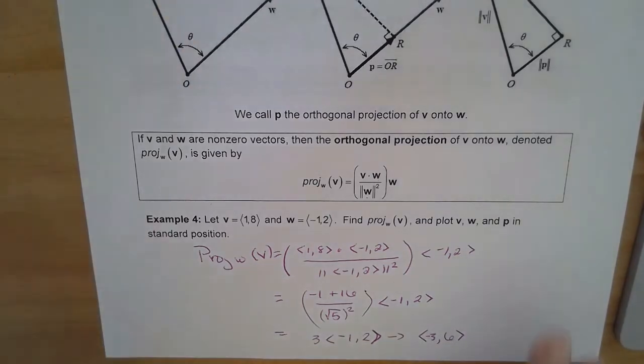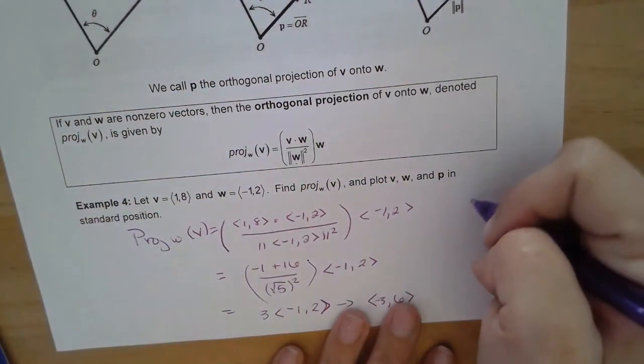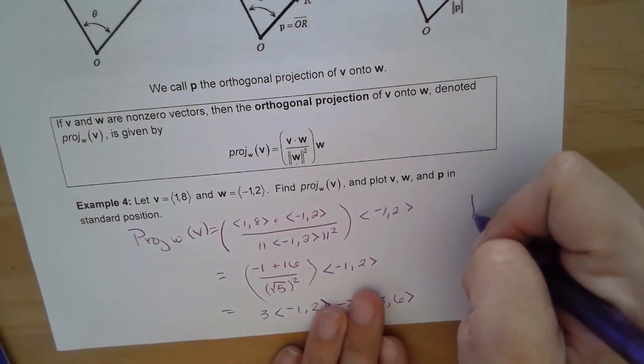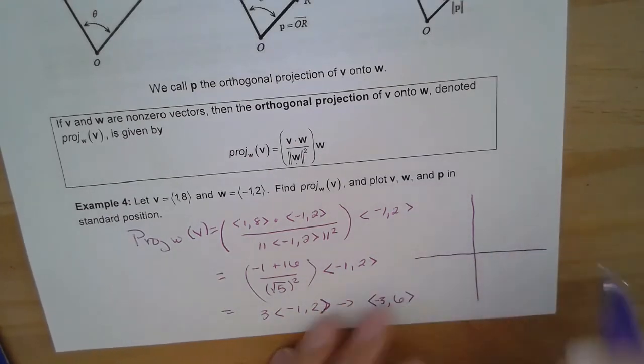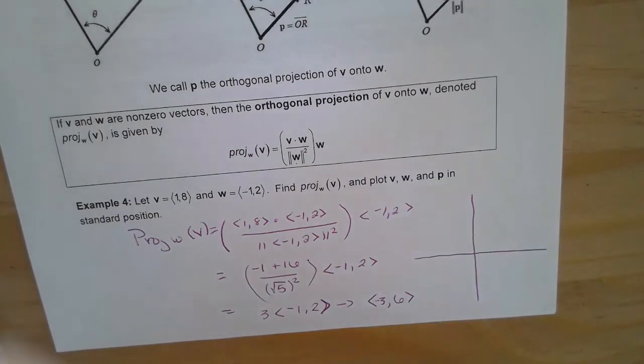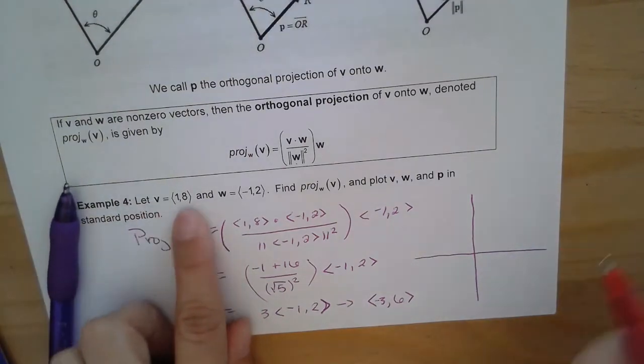Okay, so I'm going to try to draw this nicely so you guys can see what's going on here. Now, I don't have a ruler, and my scale is going to be a little bit off. Alright, let me get some colors out here. So I'm going to first do v.